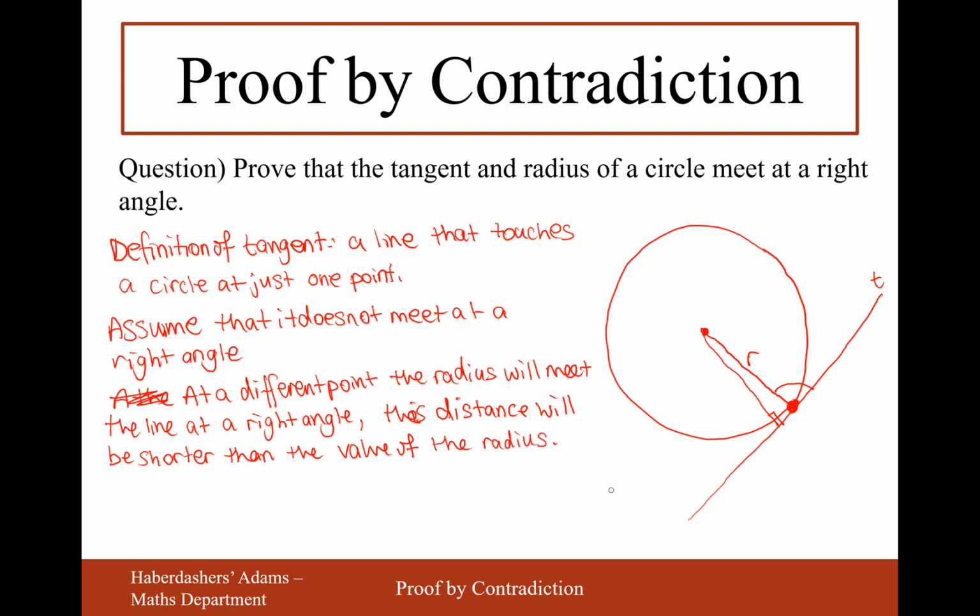Now, why is that? Well, because if you're any triangle where you have a right angle, then it's never the hypotenuse that's shorter than one of the sides on the right angle triangle. So this is by Pythagoras' theorem.